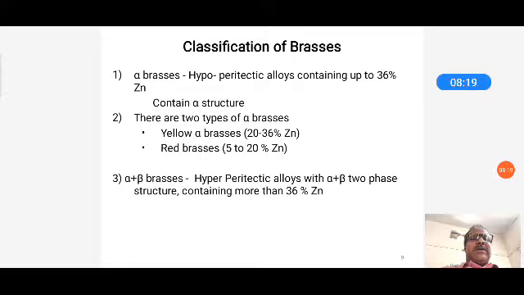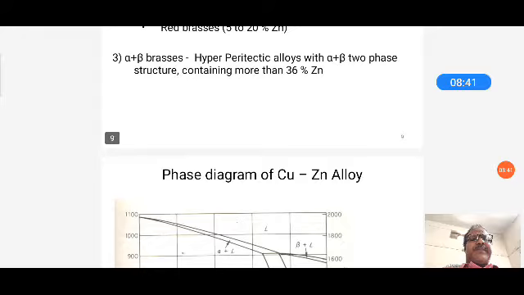Alpha plus beta brasses are hyperperitectic alloys with an alpha plus beta two-phase structure, containing more than 36% zinc. These are known as alpha plus beta brasses.